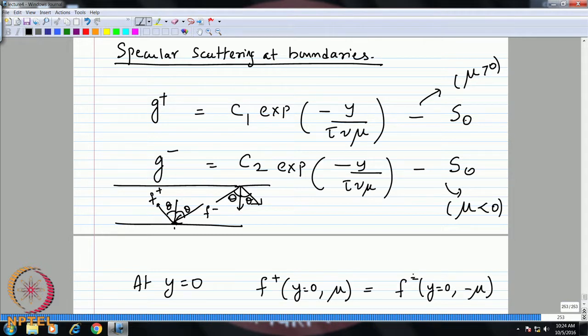So, whatever distribution function is incoming is just reflected without altering the value of that distribution, but only the direction is changed, in the sense that it is a mirror image. It is coming in the negative mu, and now this is going in the positive mu, but with the same angle, the same direction cosine and the same magnitude. This is like a mirror image.